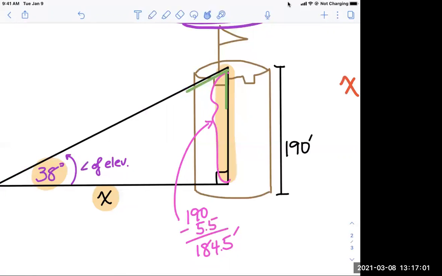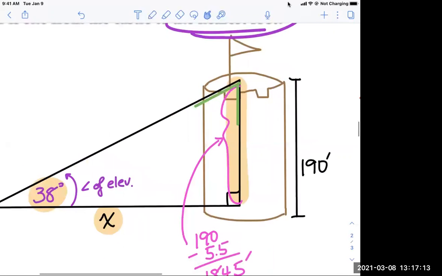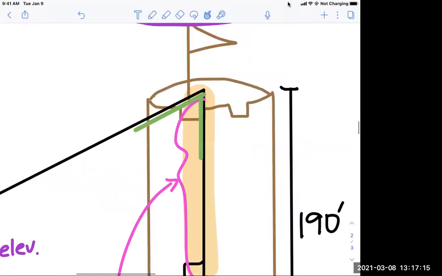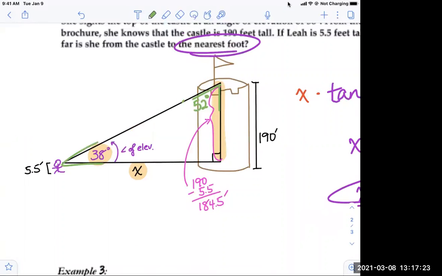Because we know that it's complementary to 38. How do you know that? Because there's a right angle and a triangle that is 180 degrees. Okay, what did you say the measure was again? 52. So that'll be 52 degrees because this angle and that angle have to be complementary, right?